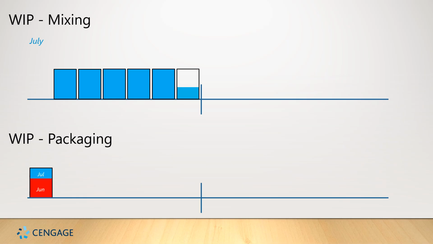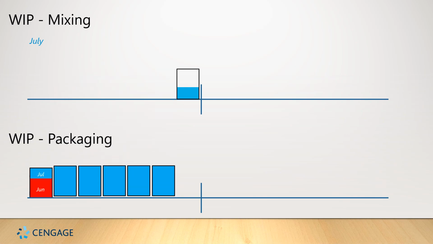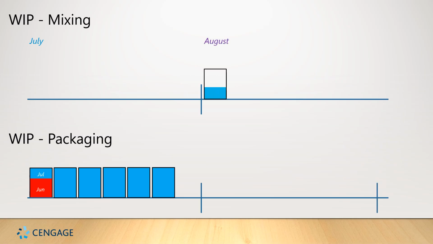The inventory we start and complete within the month gets transferred to packaging along with our beginning inventory. The inventory we started but did not complete is our ending inventory for July. The ending inventory for July becomes the beginning inventory for August. Then the process repeats itself.